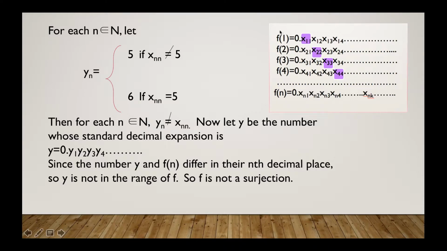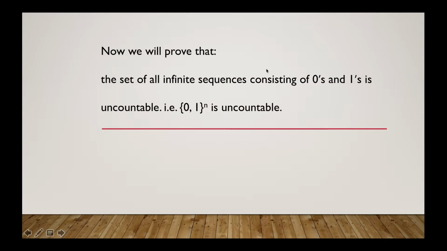So we can verify that y isn't an element of the range of f. And we complete our proof of Cantor's diagonal argument, and now we will prove that the set of all infinite sequences consisting of zeros and ones is uncountable.